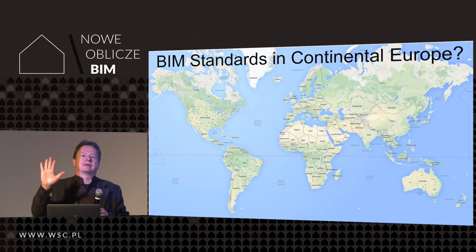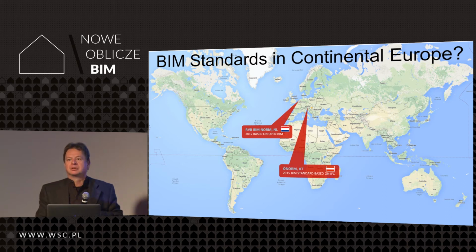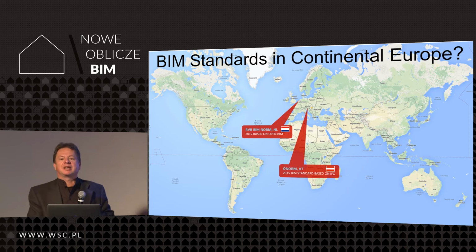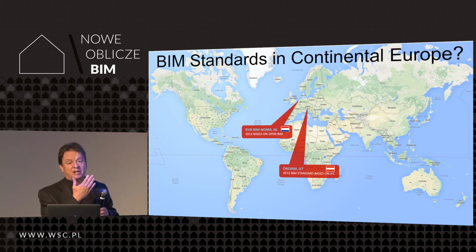Who would say 10? 15? 5? 2? You will be very surprised. It's only 2: Austria and the Netherlands. All the rest are just beginning, so Poland is not late here. Nobody is late. They're just beginning to think about having something which is a BIM standard.